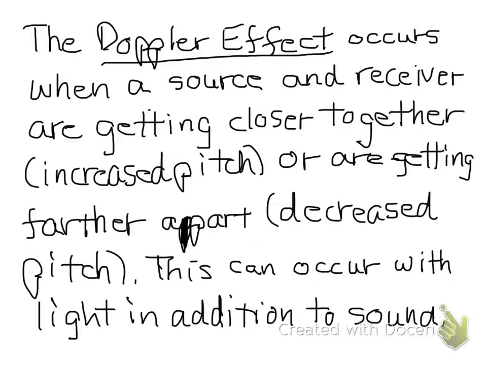It appears whatever tone the train is playing is increased to you, and then as it flies by, there's a sudden drop that you appear to hear, and that's decreased pitch. So it can occur both with sound and light. With light, it's usually a redshift with stars accelerating away from Earth.